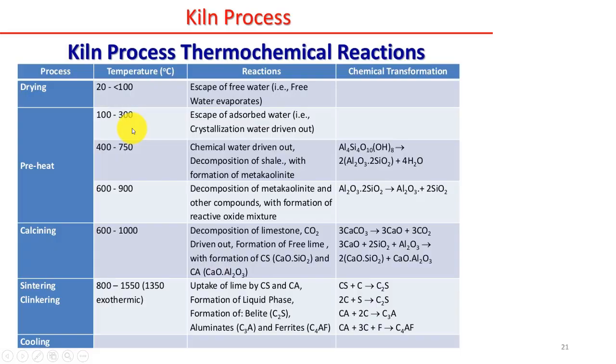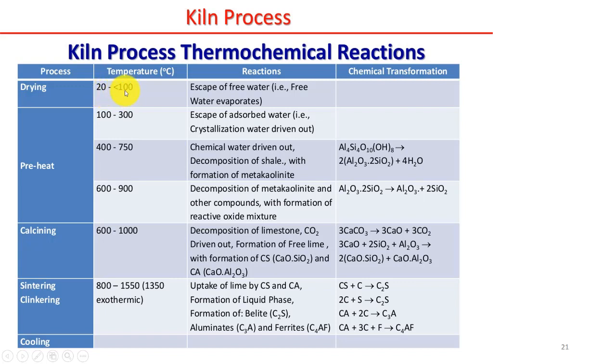So if we talk about the chemical composition, the chemical reactions involved at the different temperature regimes, then this might be the chart. In the drying zone, in clinker, you have different zones. First, the temperature is raised up to 100 degrees Celsius.